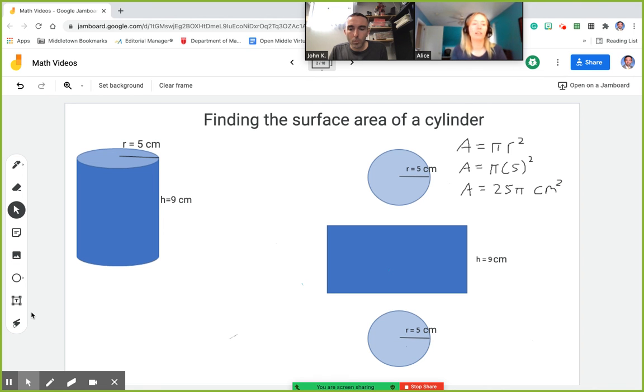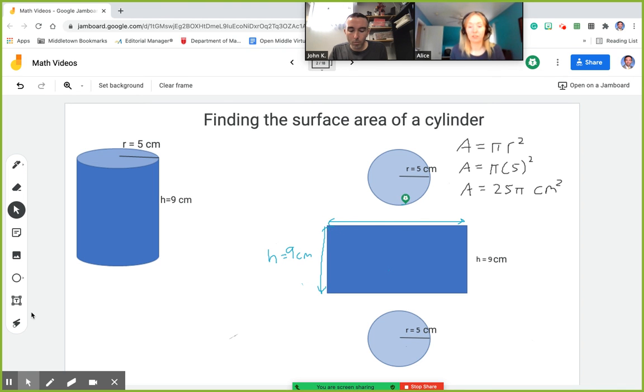Then for my rectangle, let me change pen colors here. This height here we know as 9 centimeters. That's our h. Then, as John taught us earlier, this edge here has to fit all the way around this circle.